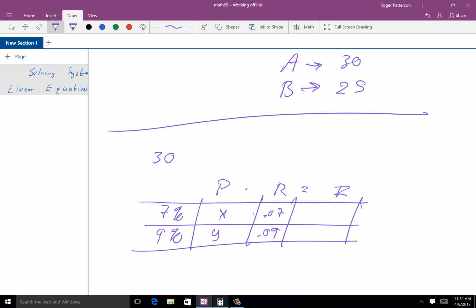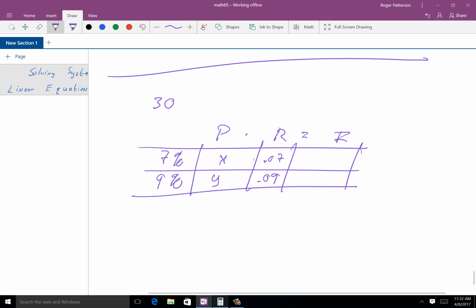So we've got two accounts that we're going to invest money in, all right, 7 and 9, and we have a total of $20,000 that we're going to invest, all right. So one of my equations would be X plus Y is equal to 20,000 because I'm investing X into the 7% one and Y into the 9, and they got a total 20.